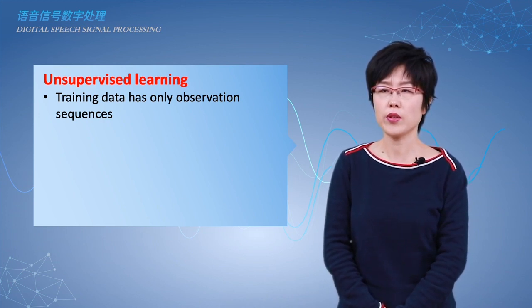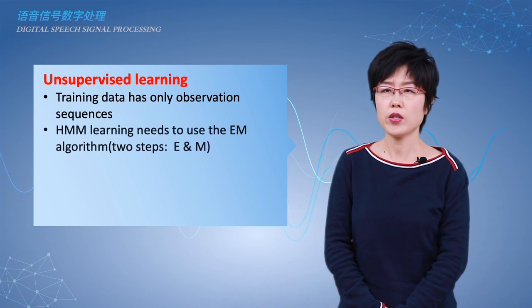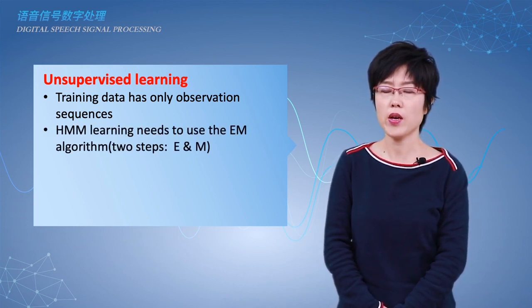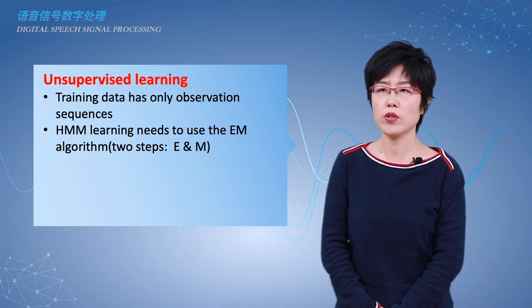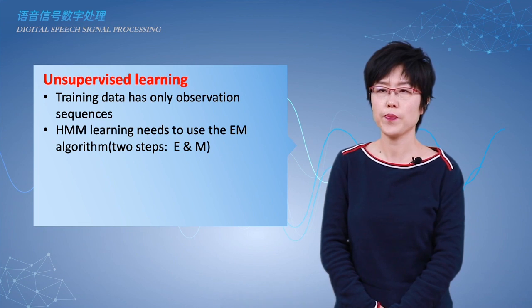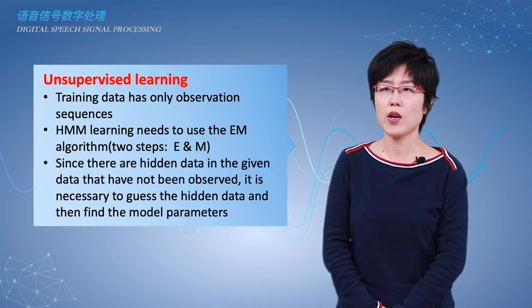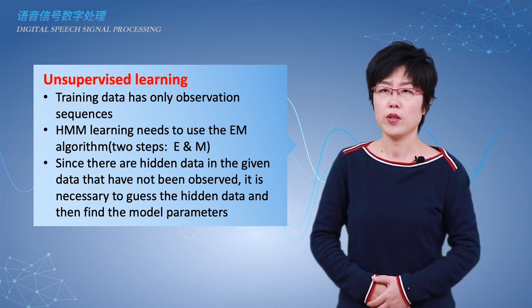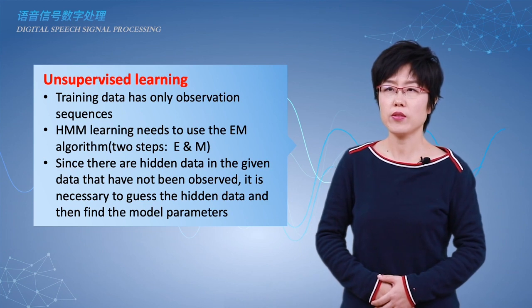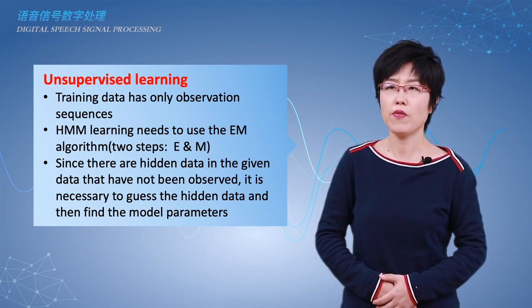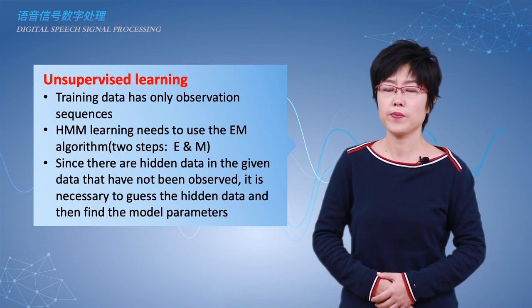Under no labeling conditions, the HMM learning method needs to use the EM algorithm, including two steps, E step and M step. Since there are hidden data in the given data that have not been observed, it is necessary to guess the hidden data and then find the model parameters.